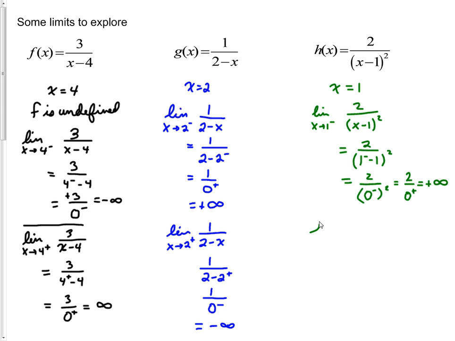And let's take a look from the right-hand side, just to wrap this one up, as we take the limit as x approaches 1 from the right of 2 over the quantity x minus 1 squared. We know that we're approaching 2 over something slightly larger than 1 minus 1.